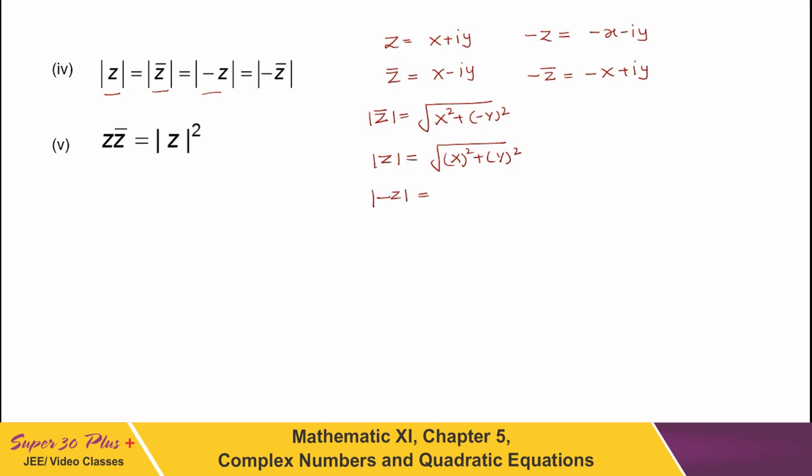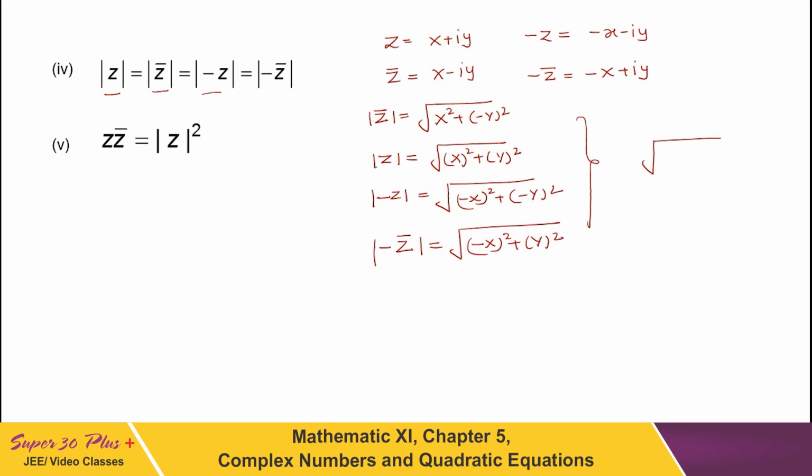It is equal to the square root of real part whole square plus imaginary part whole square. And what is the mod of minus z bar? It is also equal to the square root of real part whole square plus imaginary part whole square. And you can find all these are equal to the square root of x square plus y square, which means we can say property 4 is valid.